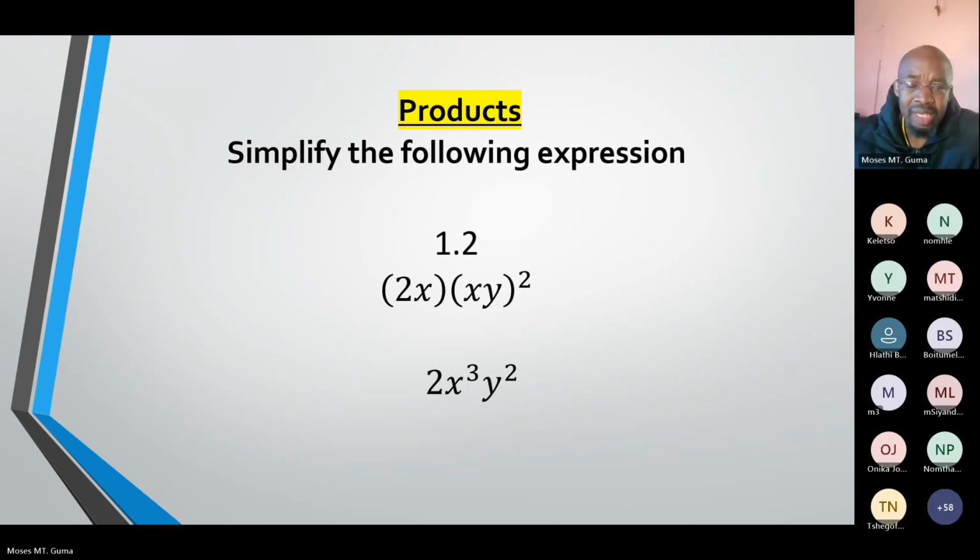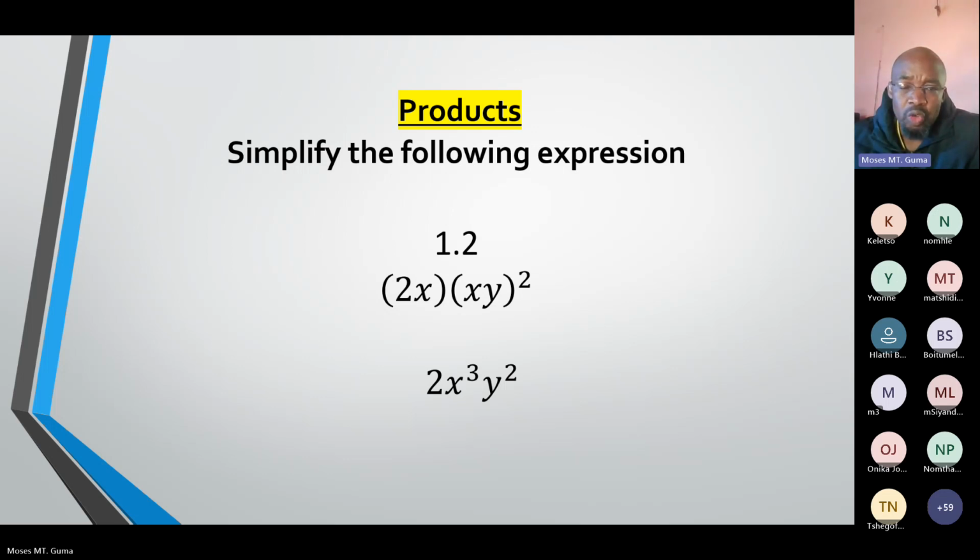How many marks are we going to get here, say? Your marks are going to be as follows. 1 mark is gonna be for simplifying this bracket, which is xy multiplied by xy. And another beautiful mark is gonna be for multiplying x squared, y squared by 2x.